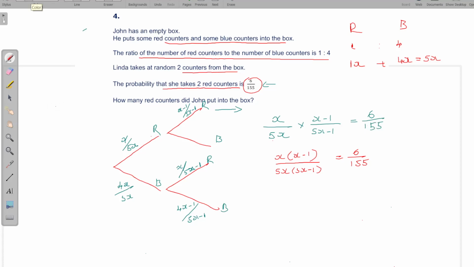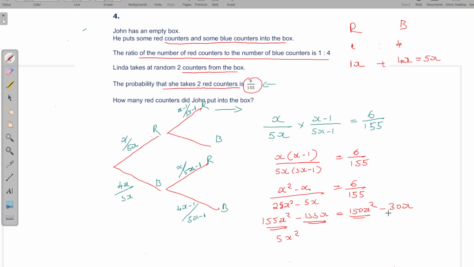Right, now we can expand it. x squared minus x over 25x squared minus 5x is equal to 6 over 155. Then just solving normally. So that will be cross multiplying: 155x squared minus 155x is equal to 150x squared minus 30x. Bring everything to one side. So that will become 155, that's 150. Bring it this side, that becomes 5x squared.